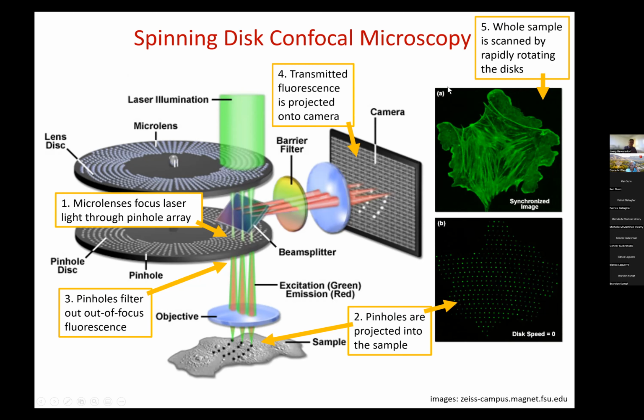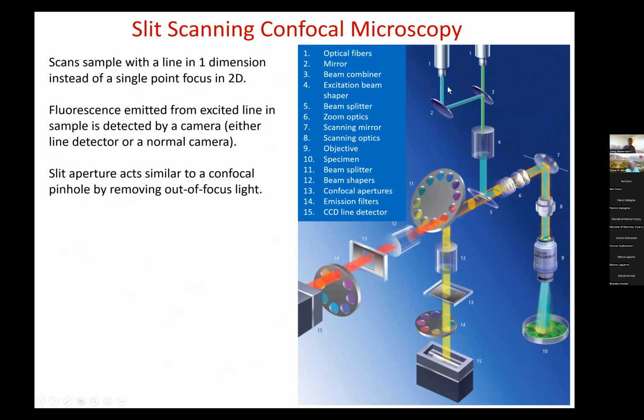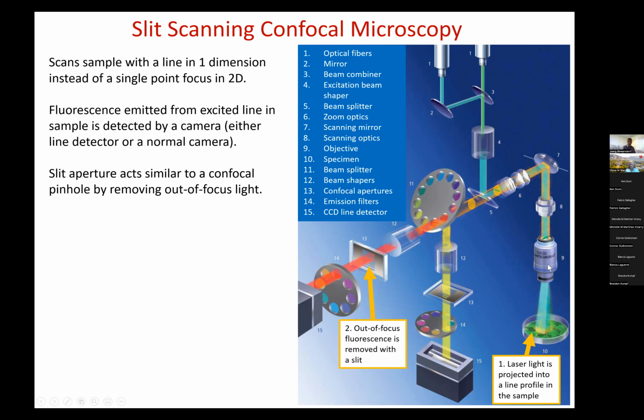And then just very briefly about that line or slit scanning confocal microscope. Instead of projecting a laser focus into the sample, we project a line into the sample. We then project the fluorescence from that line onto a slit instead of a round pinhole, like a slit-shaped pinhole, and again remove out of focus fluorescence, and then we scan that line with a one-dimensional scanner.